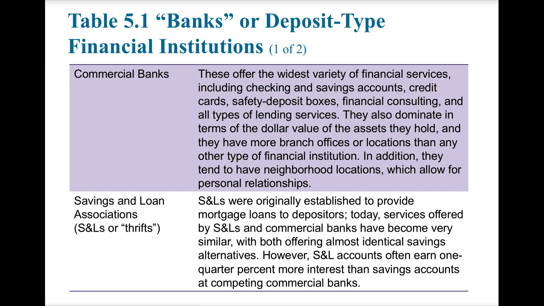The size of these commercial banks is an advantage because you can go anywhere in the country and find a Chase Bank or a Citibank, which makes accessing the network of ATMs more beneficial. Plus, these big commercial banks have the widest variety of financial services to offer you, not just plain old checking and savings accounts, but also credit cards, safety deposit boxes, maybe financial consulting, and mortgages.